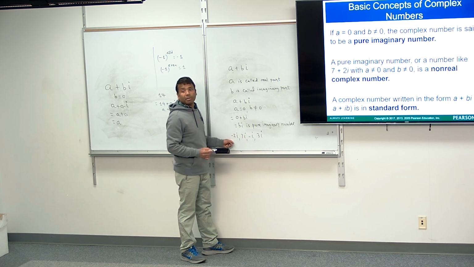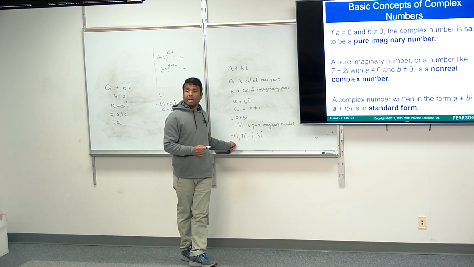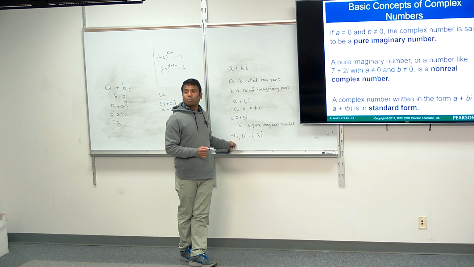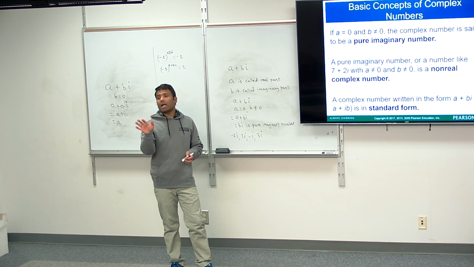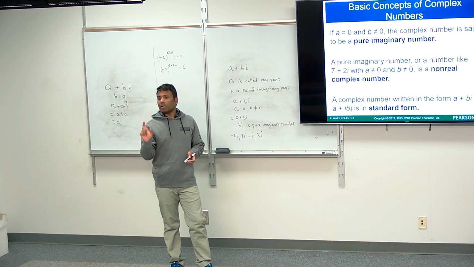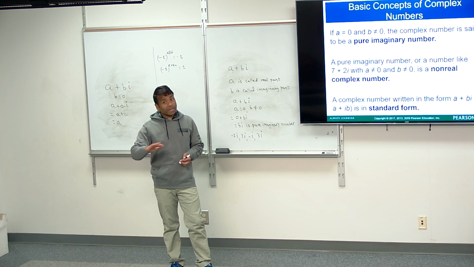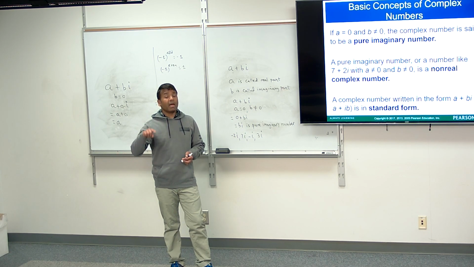So they are examples of pure imaginary numbers. The idea is clear. If you have a real part 0, it will be a pure imaginary number, right? If you have an imaginary part 0, it will be a real number, right?